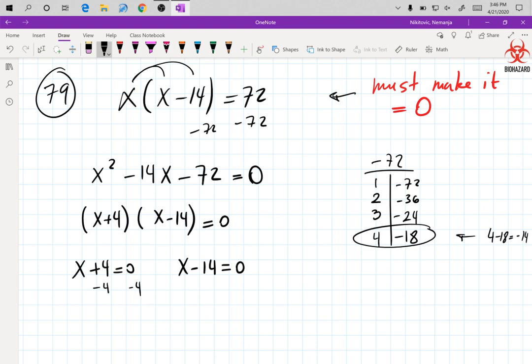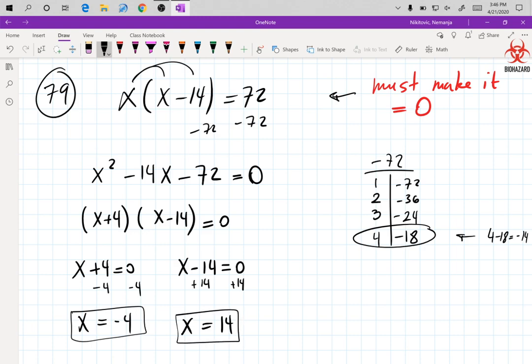On the left one we take away 4, and on the right one we add 14. Again, if this is moving a little bit fast, all you need to do is slow YouTube down. You can change the play speed, you can pause. It's just important to get to these equations.